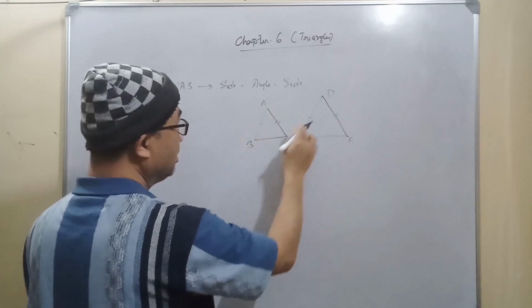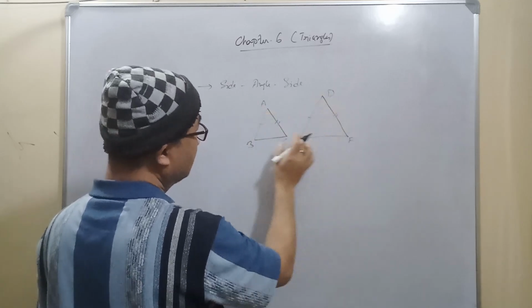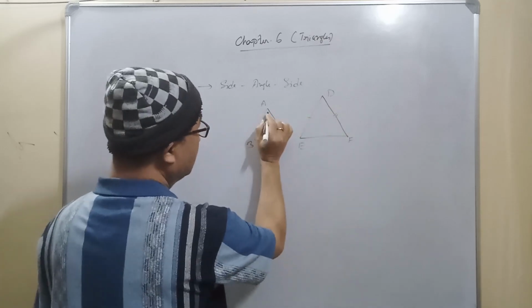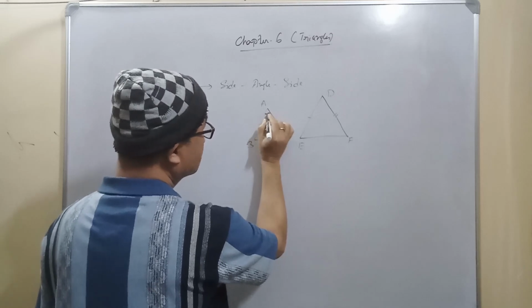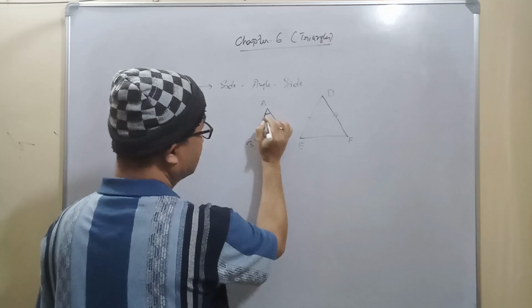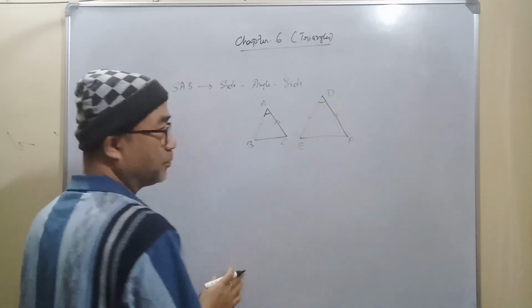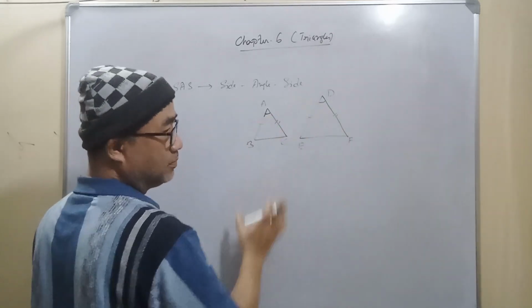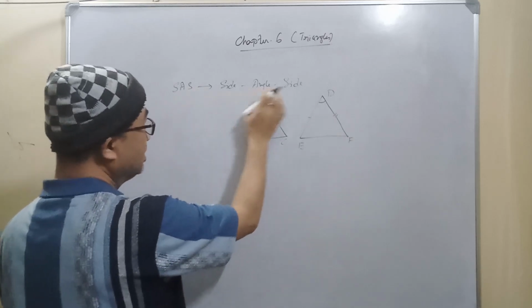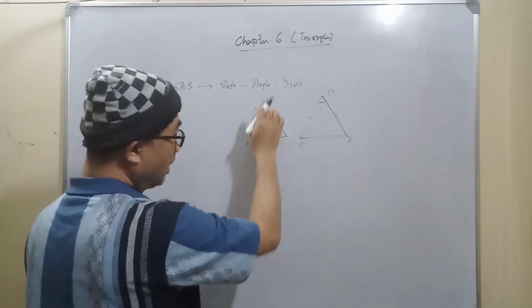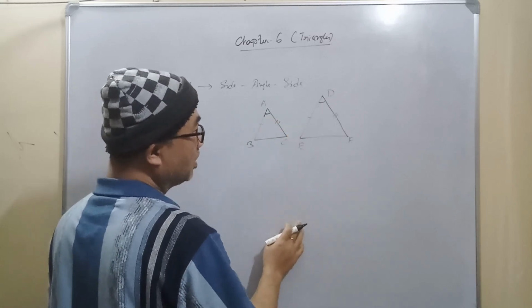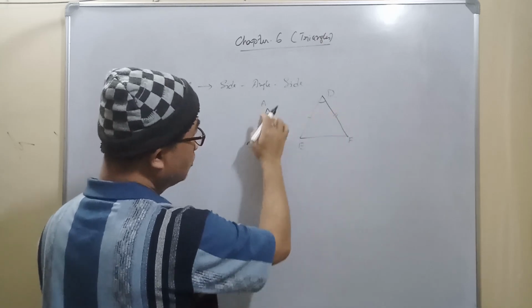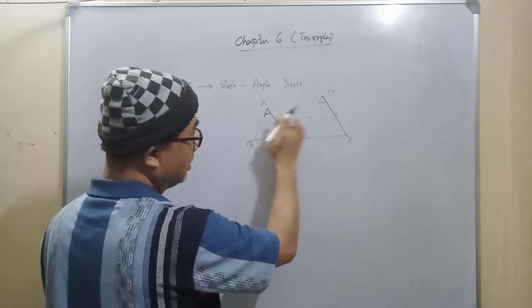Okay, AB, DE, AC, DF, these two sides are in proportion, and the included angle, the angle between those two sides, this is the angle here and this is the angle here. Okay, those angles are equal. That is side angle side similarity. Triangles are similar if two of their sides are proportional and the angle included between those sides are equal.